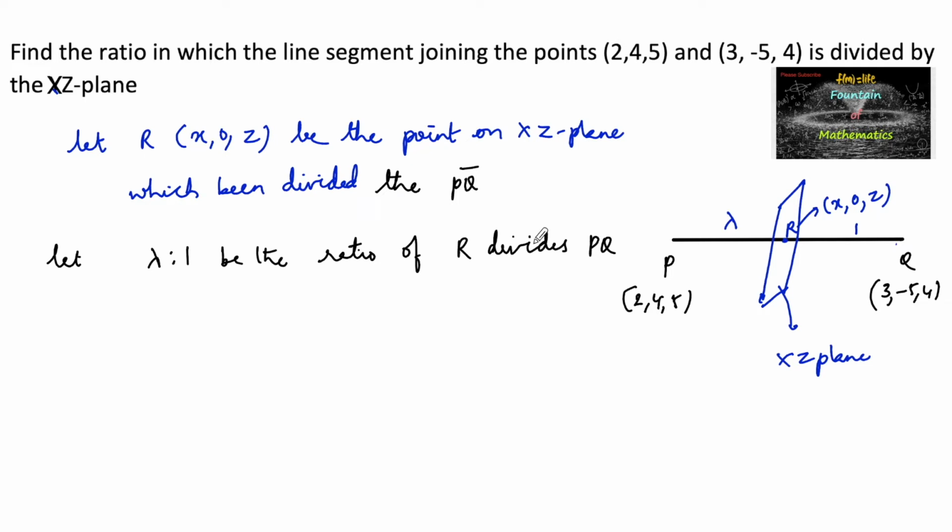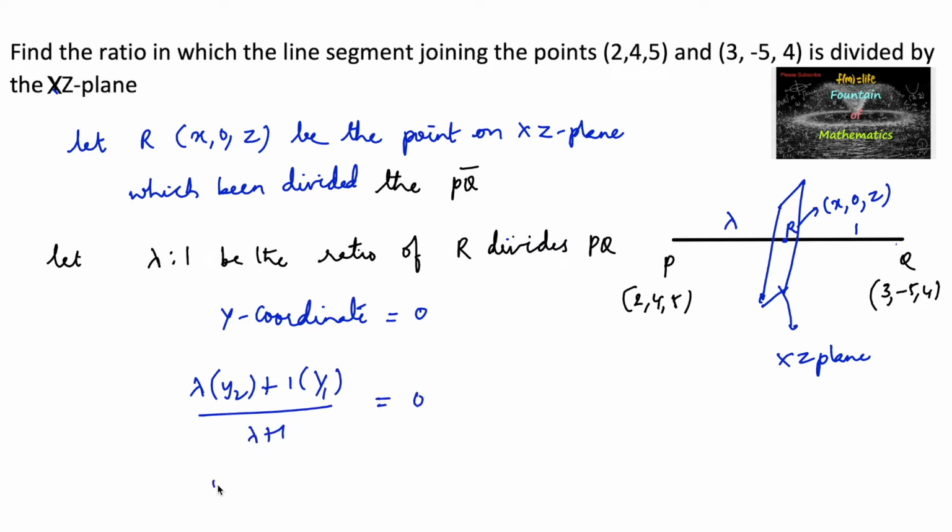So by the section formula we have, since y coordinate is 0, we will take only the y coordinate. So we have lambda y2 plus 1 times y1 divided by lambda plus 1 is equal to 0. That is lambda times y2 coordinate minus 5 plus 1 times y1 coordinate 4 upon lambda plus 1 is equal to 0.